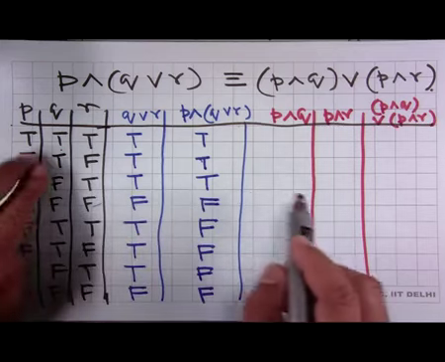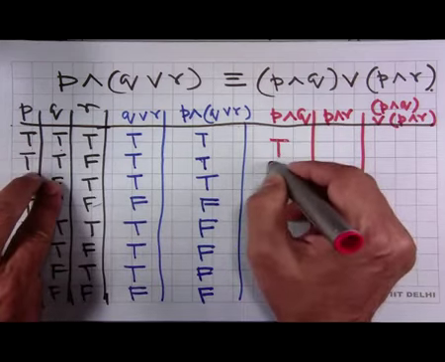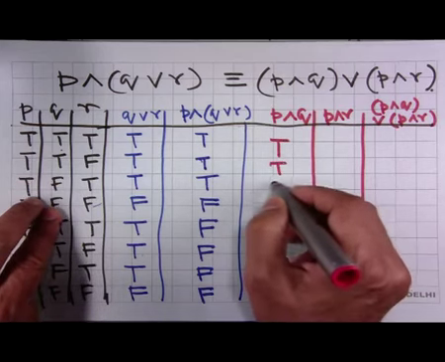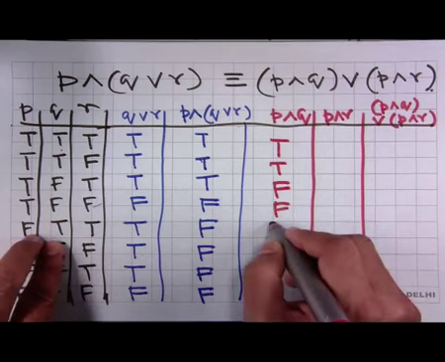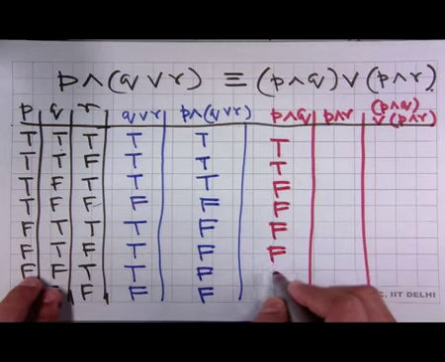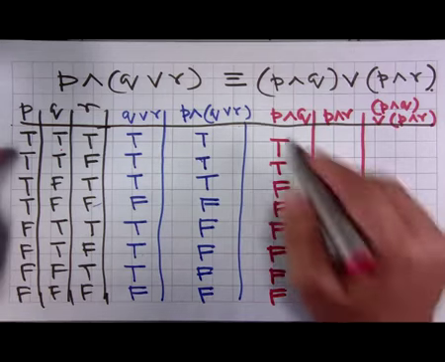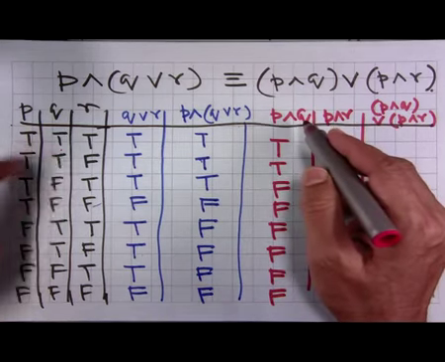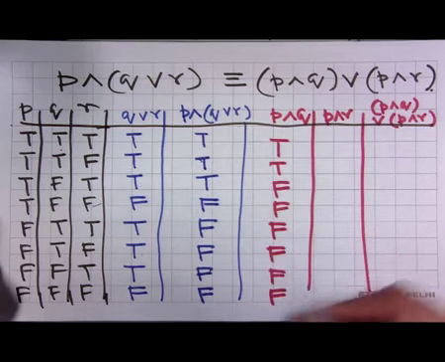So, it is T, T, F, F, F, F, F and F, right, because P and Q has to be true when both of them are true. So, we get these two to be true and all are false.